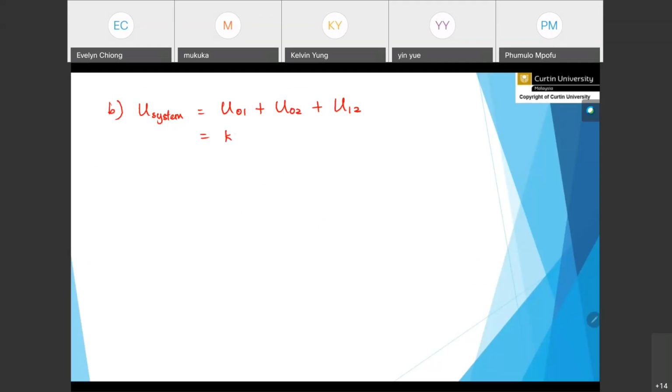So this is K QO Q1 over RO1, plus K QO Q2 over RO2, and then K Q1 Q2 over R12. 9, QO is 2 nano. This one is 6 nano.